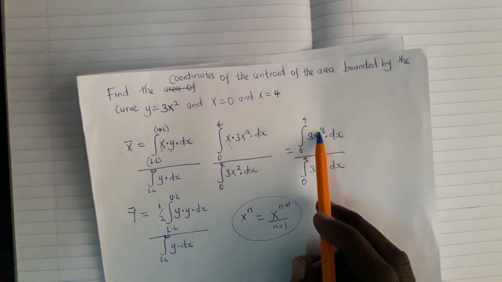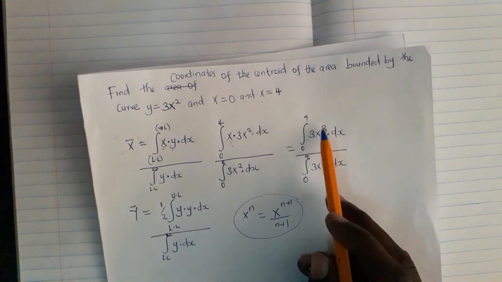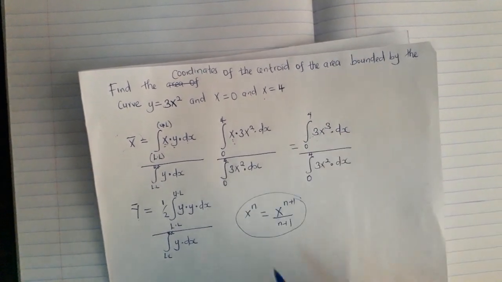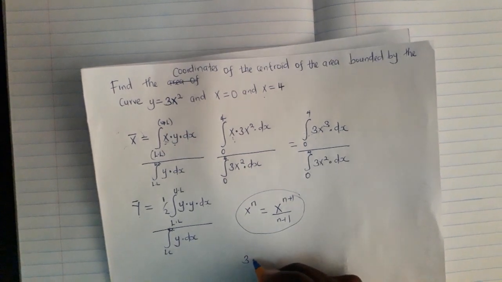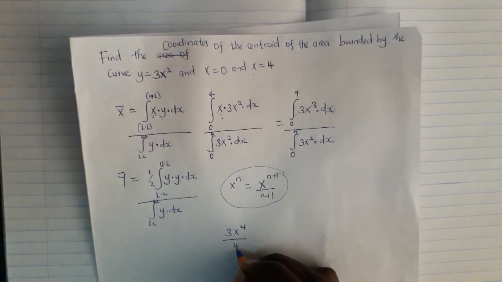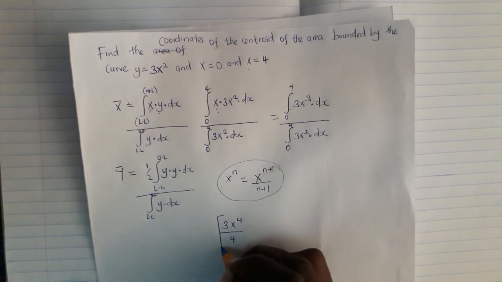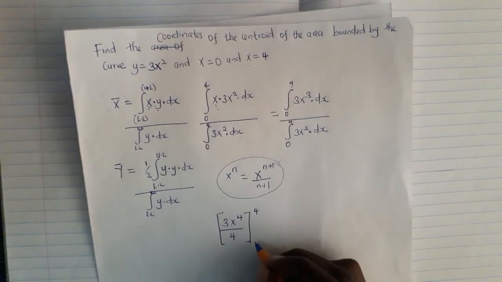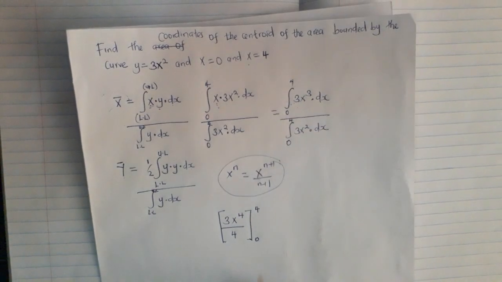So 3x power 3, we are going to have 3x power 3 plus 1 over 3 plus 1. So it is 3x power 3 plus 1, which is 4, over 4. And then we have our limits. Our upper limit is 4, our lower limit is 0.